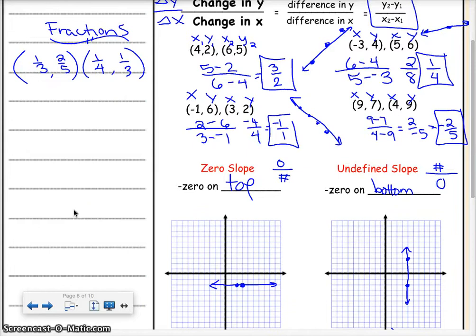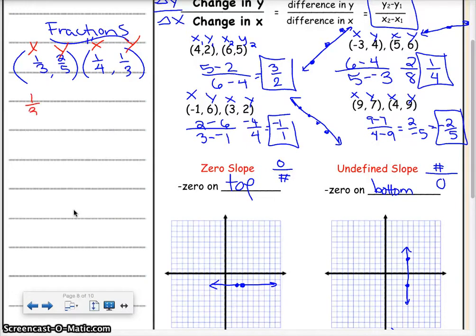Okay, so the learning target is still the same when you're given fractions. It's still change in y over change in x. Change in y means how do your y's change? So I have xy, xy. And when I take the difference, it's the second y, y2, minus the first y, y1.